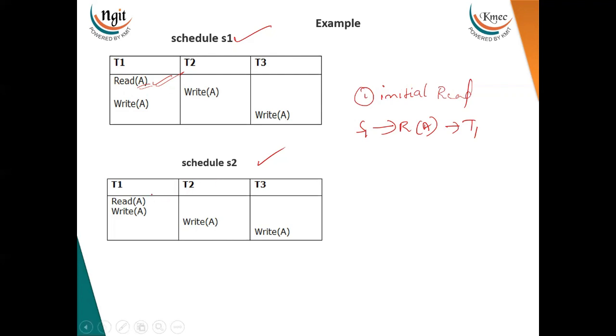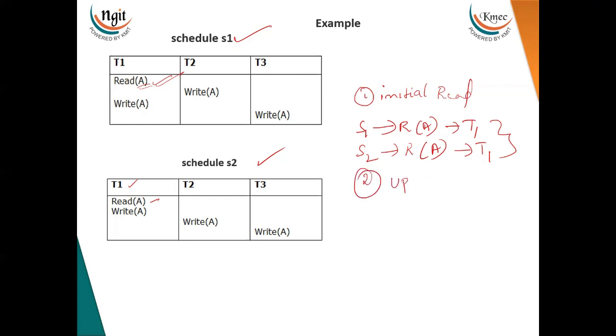In schedule 2, the read operation on account A is made by T1 again. So as T1 is performing the same, you can say that these two are satisfying the first condition of view serializability.